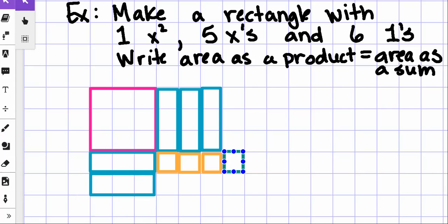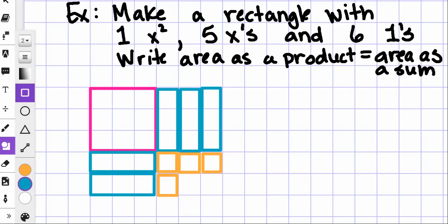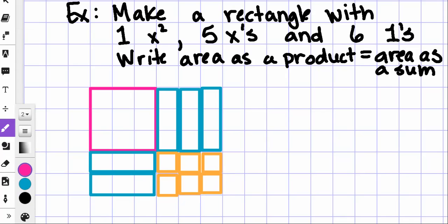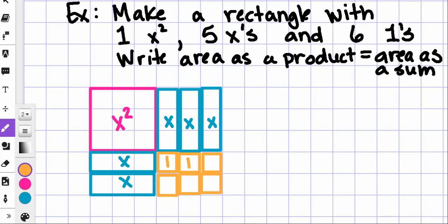And now what can happen is I can move this down here and I can end up now having 6 of these. Okay. So I have my x squared. I have 1, 2, 3 x's, 4, 5 x's, and then I've got 1, 2, 3, 4, 5, 6.